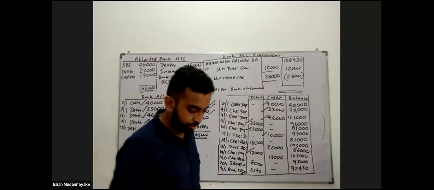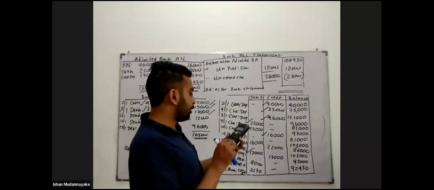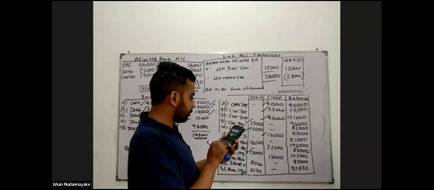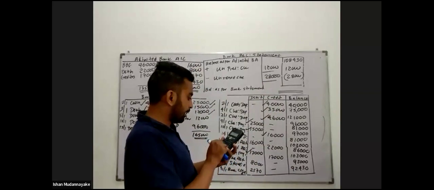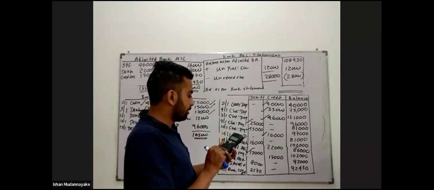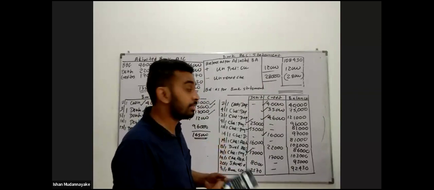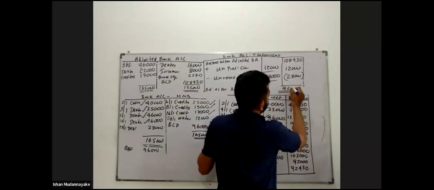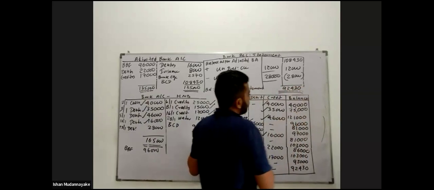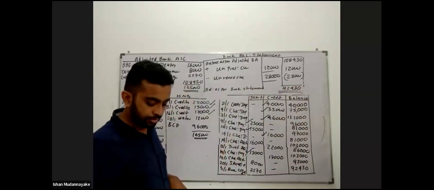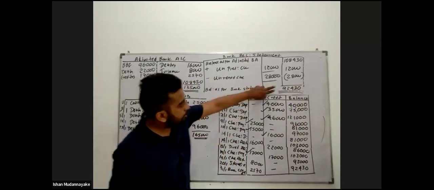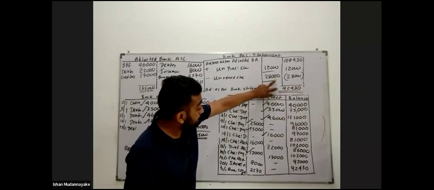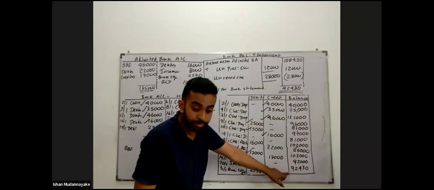Now here, 108,430 plus 12,000 minus 28,000. That is how much? 92,430. The balance as per the bank reconciliation is equal to the balance as per the bank statement.